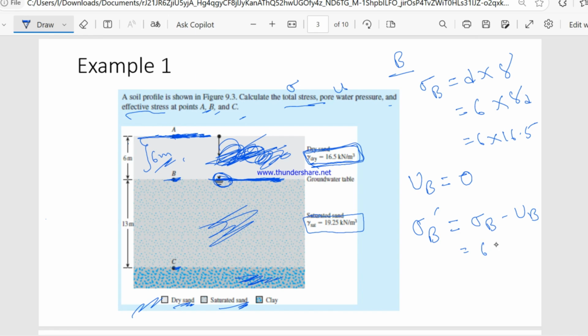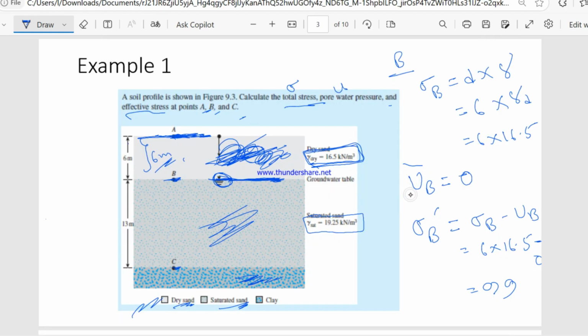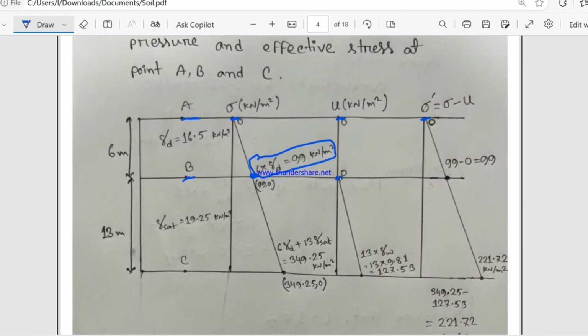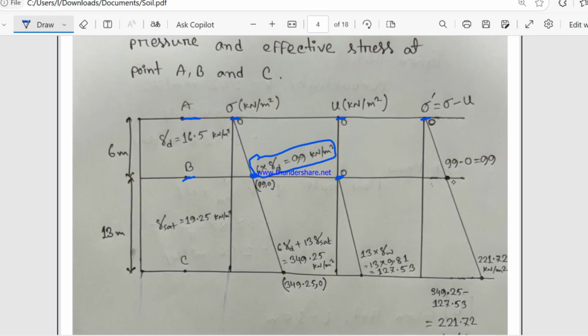So it will be 6 into 16.5 minus 0, which is 99. Pore water pressure at point B is 0, I already discussed. So the pore water pressure is 0 and the effective stress is 99. So the effective stress is 99 at point B.